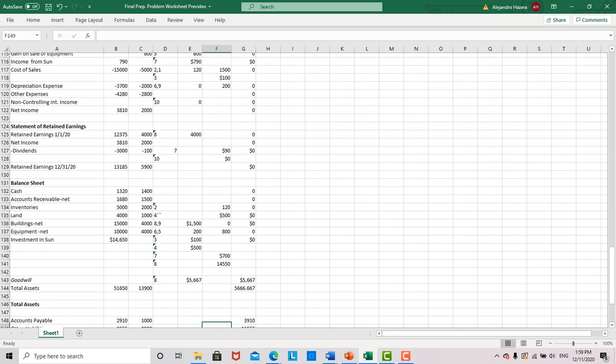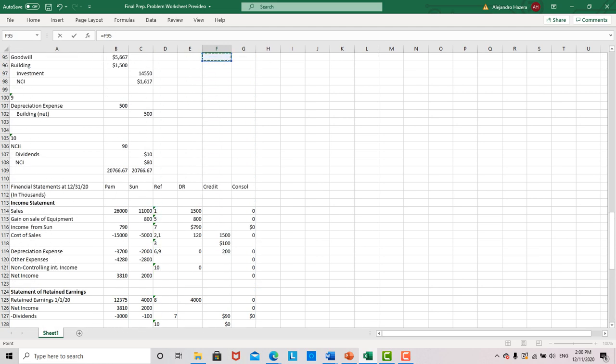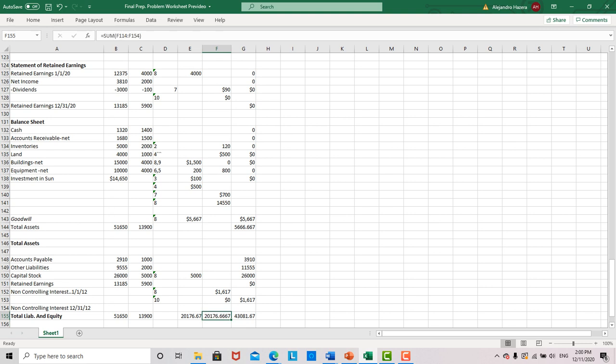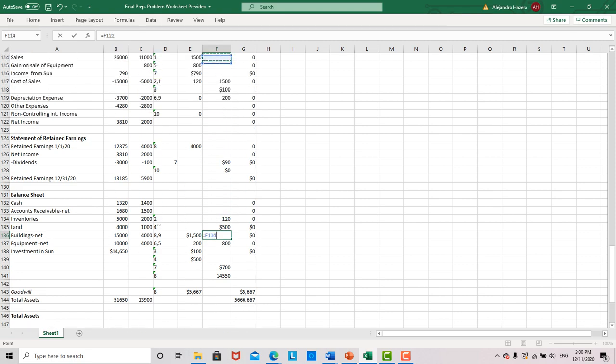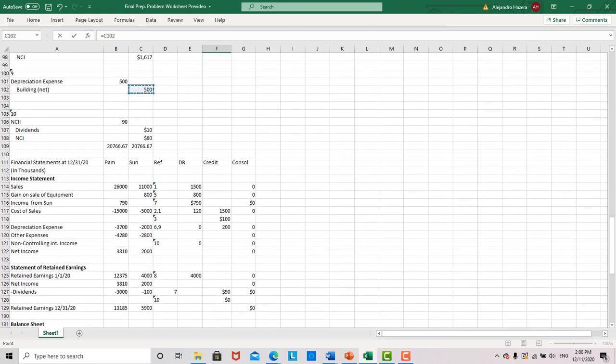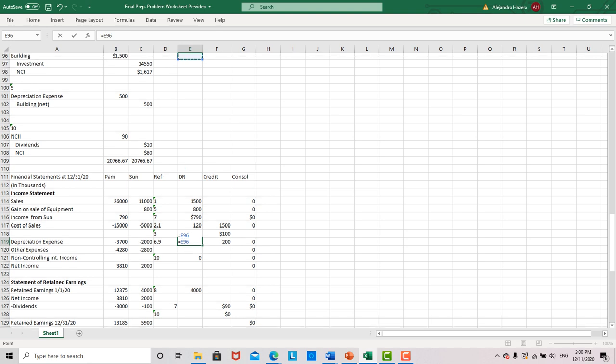And then our non-controlling interest, we'll establish our beginning non-controlling interest of 1,617. And so finally, we only had one undervalued item, which is a building, so we've got to depreciate that for the year. I think it's 500 per year. So we're going to credit building for 500 and debit depreciation expense for 500.